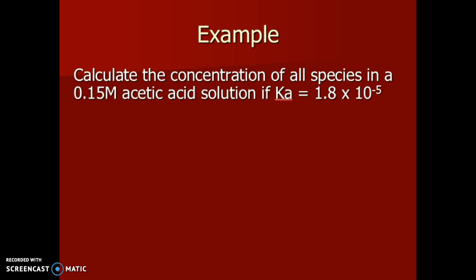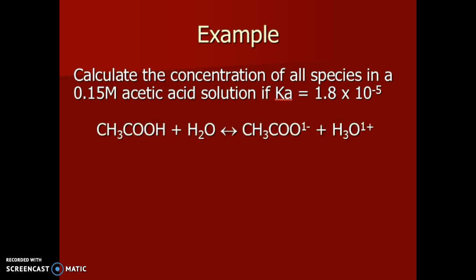You should actually have a chart of known K values under standard conditions for most of these acids and bases. So again, when they tell you what it is, that should prompt you to go to the chart and to find the K value that goes along with it.